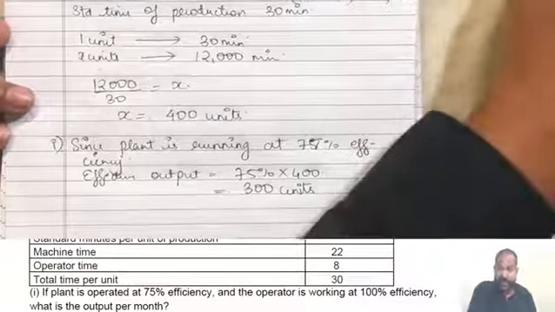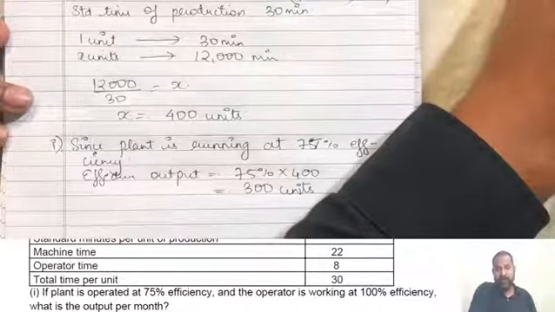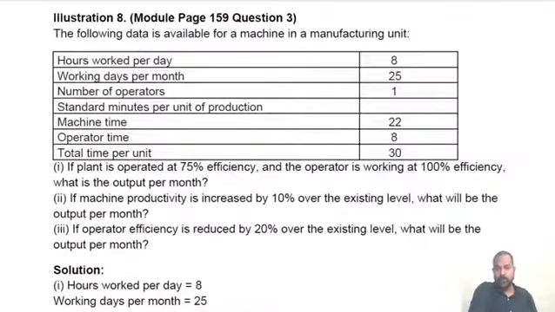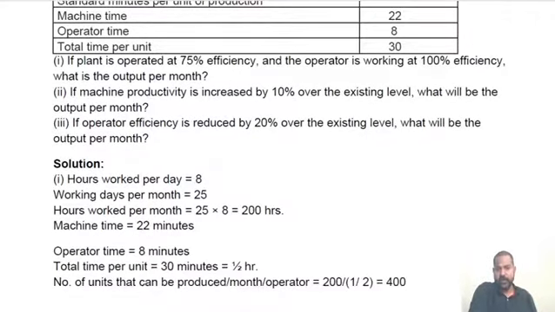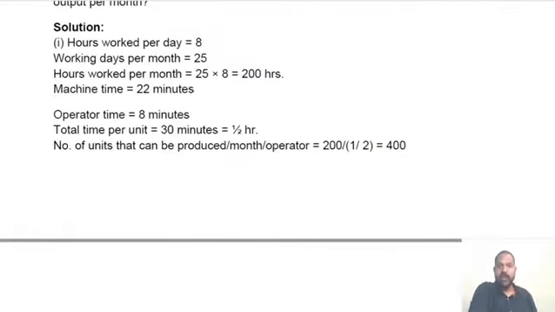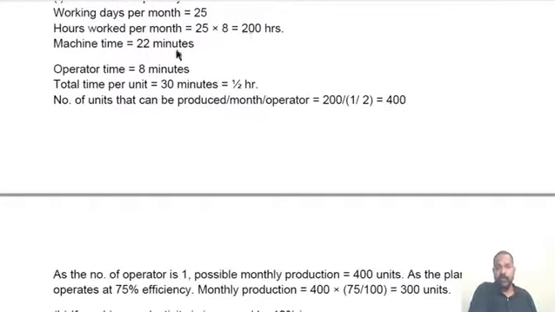Let's quickly check if they also have the same answer. So the first part: what if the plant is being operated at 75% efficiency? Let me show you. 8 hours a day, 25 days is a total of 200 hours. Machine time is 22, man time is 8, so total time is 30 minutes, which they've converted to hours, which is half an hour.